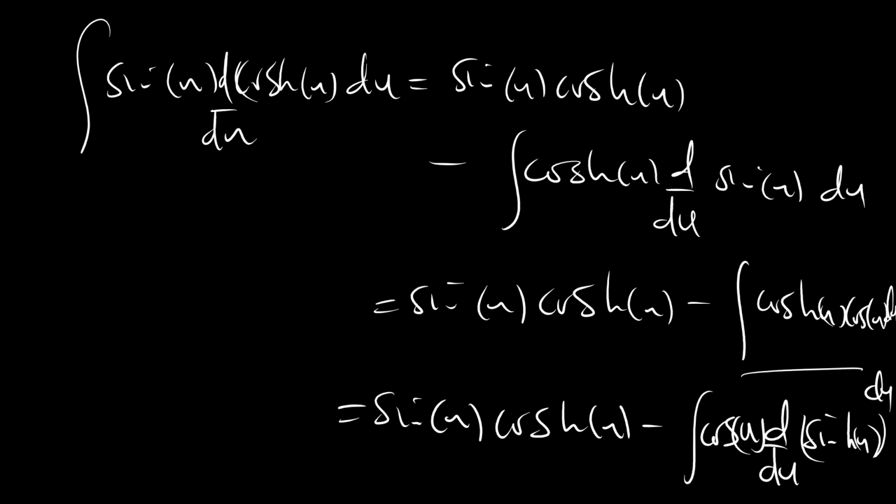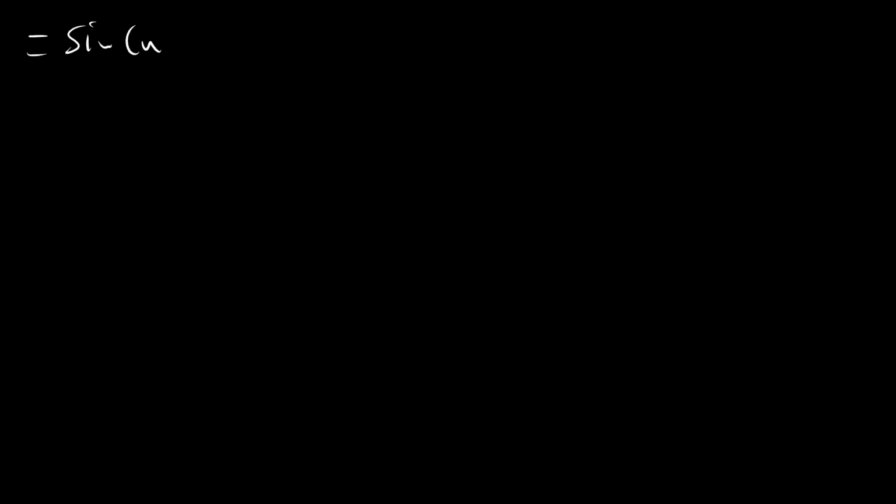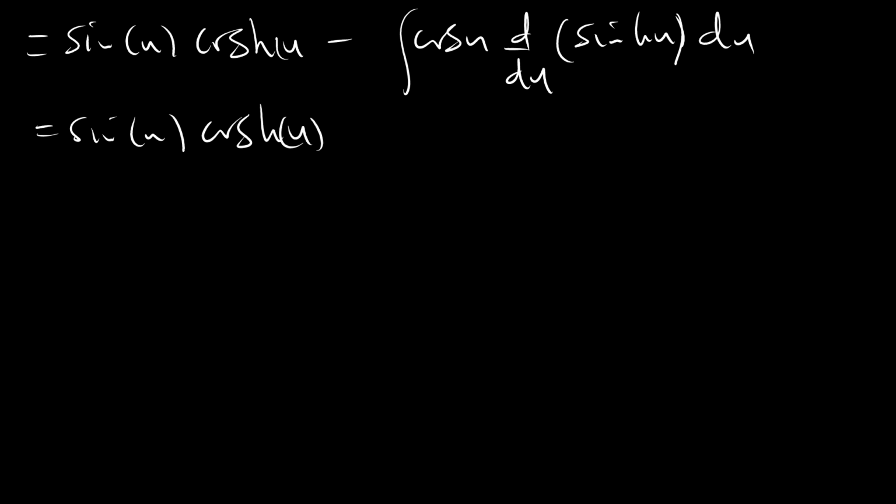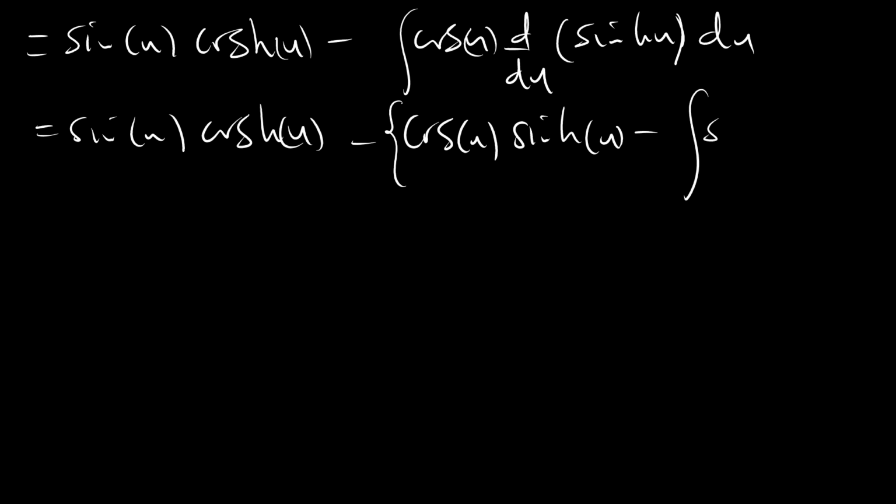Okay, so if we have sine of u cosh of u minus cos of u times the derivative of sinh of u, this means that we have sine of u cosh of u, let's just put brackets all over the place, minus cosine of u sinh of u minus sinh of u times the derivative of cosine of u.